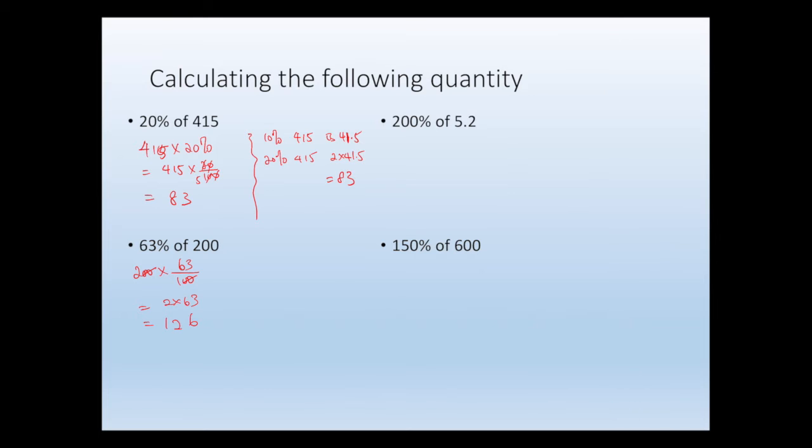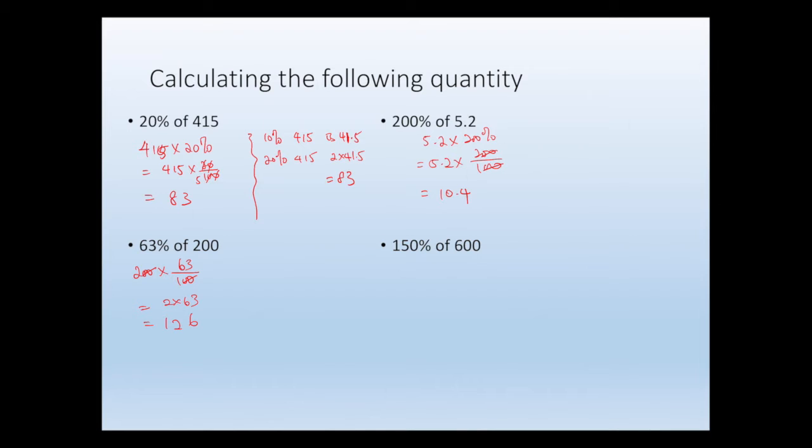And then 200 divided by 100 is just 2. 2 times 63 is 126. How about 200% of 5.2? In this case, I will do the same thing, 5.2 times 200%, which is 5.2 times 200 over 100. 200 over 100 is actually 2. So 5.2 times 2 is just 10.4.